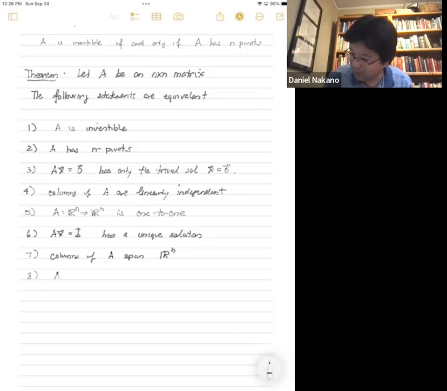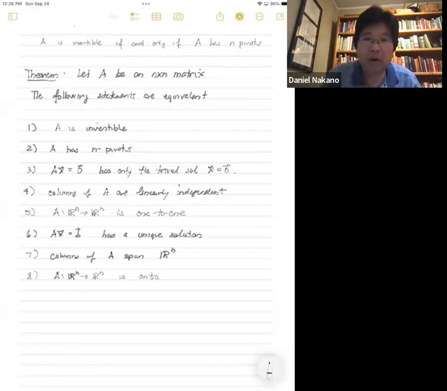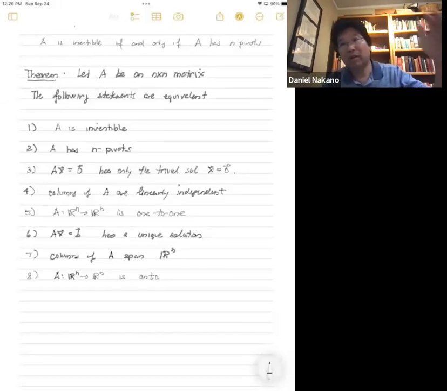When you think of A as a linear transformation from Rn into Rn, this is onto. Okay, so all 8 statements here are equivalent to one another. So if you know the linear transformation, for example, is 1 to 1, you know that A had to be invertible, and vice versa. Okay, so you have one, you have them all.